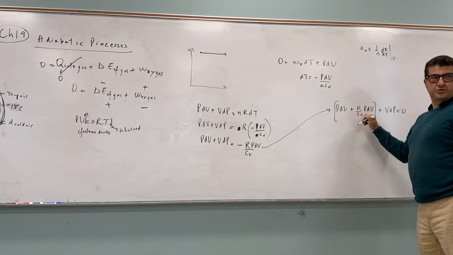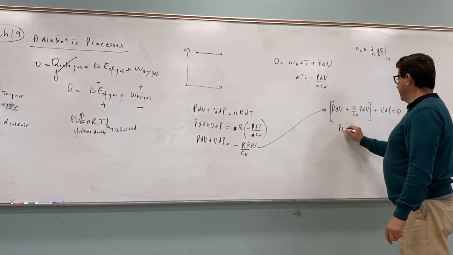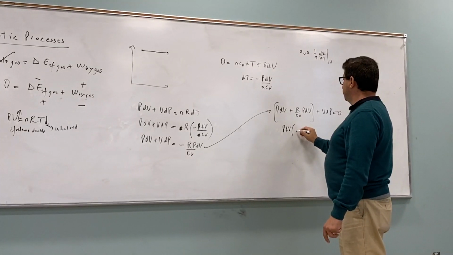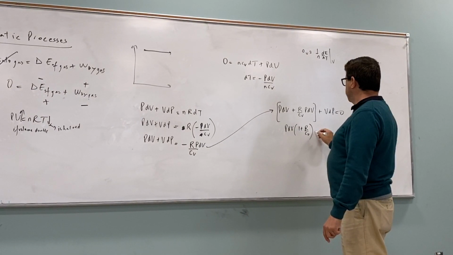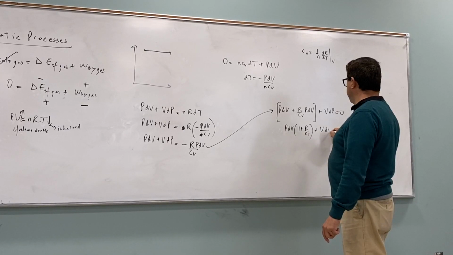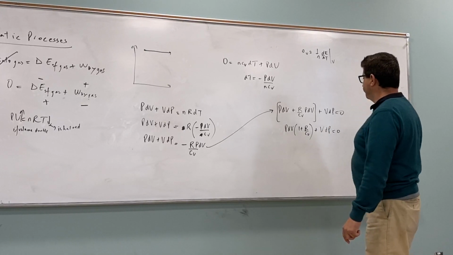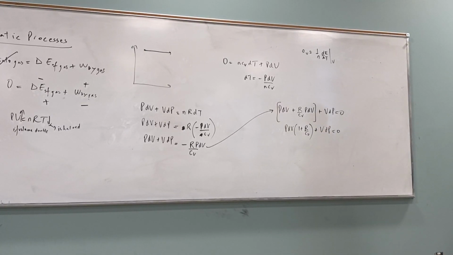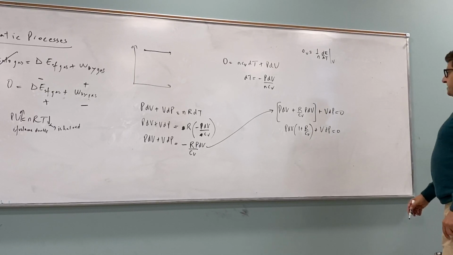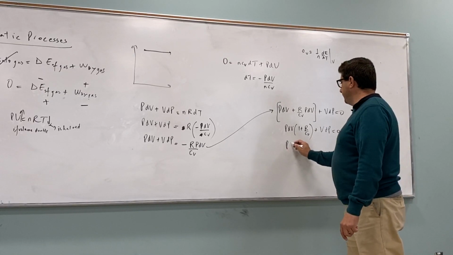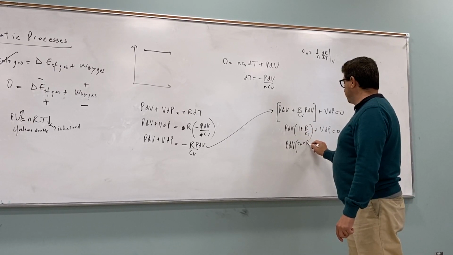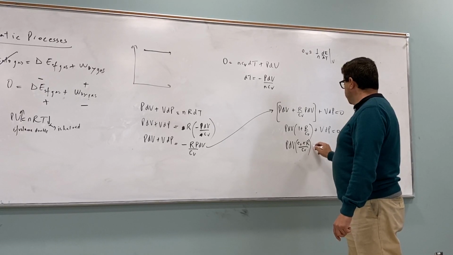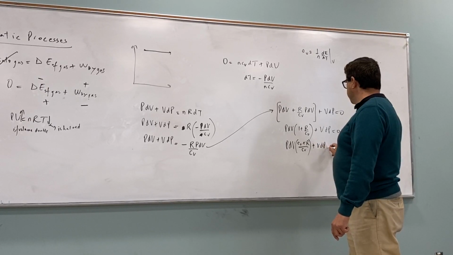Then combine these two. PdV times 1 plus R over Cv, plus VdP is equal to 0. Okay? And what's left? PdV times (Cv plus R) over Cv, plus VdP is equal to 0.